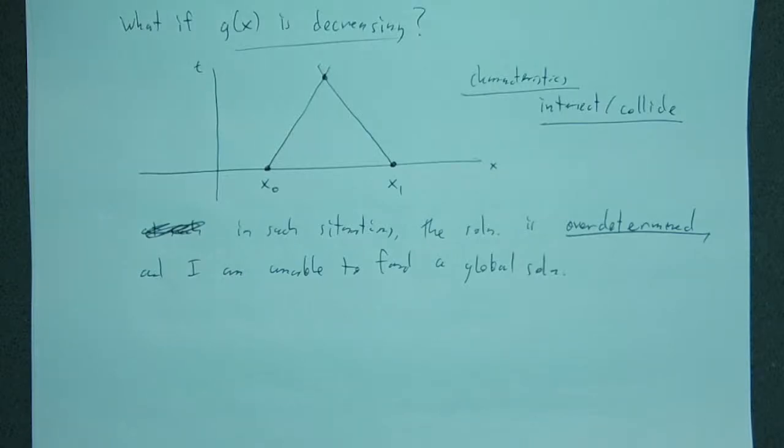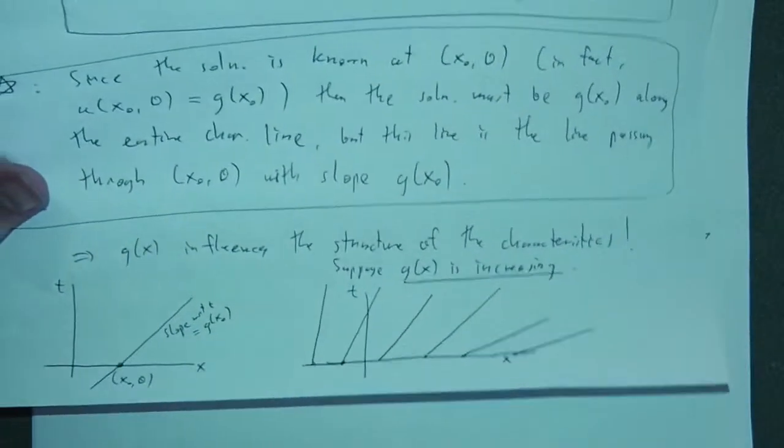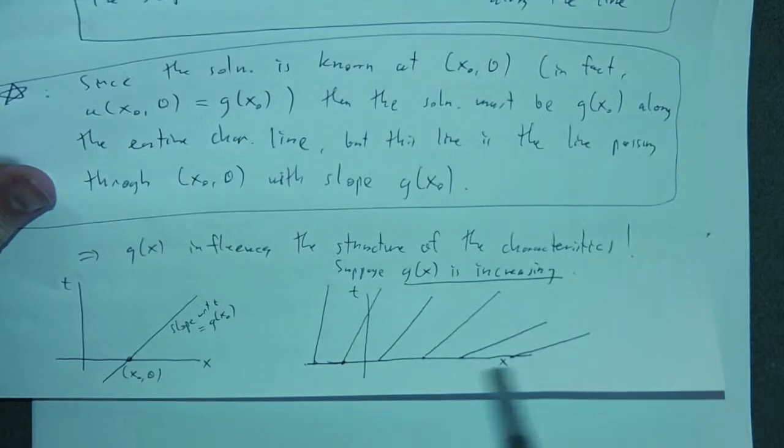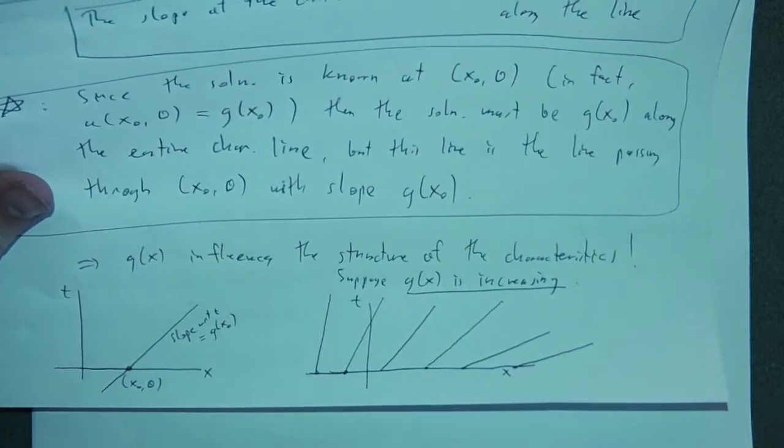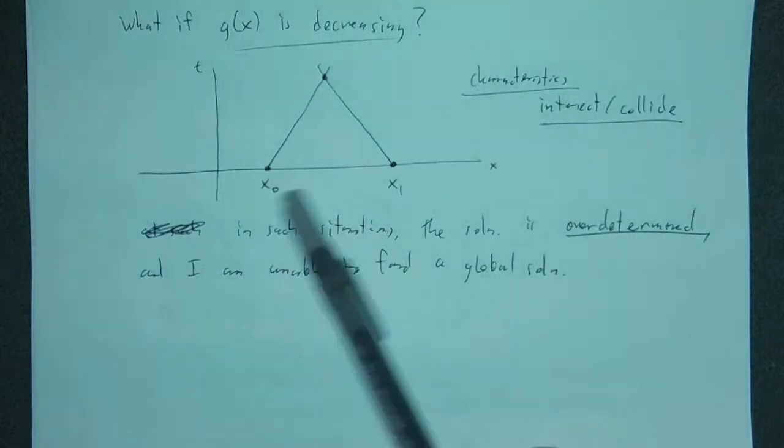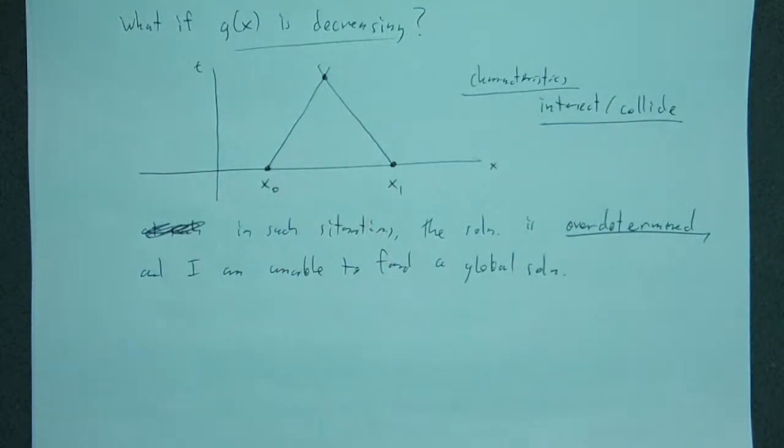There's an interplay between the PDE and the characteristics in a way that wasn't there for linear and semilinear equations. Just to stress, for linear and semilinear equations, you were able to determine the form of the characteristics without reference to the auxiliary condition. Here, that wasn't possible. The auxiliary condition told us whether we were in a case like this, where we were happy with how these characteristic lines looked and they didn't collide, versus this situation where the characteristics can collide.